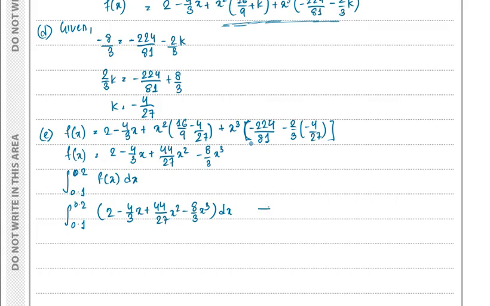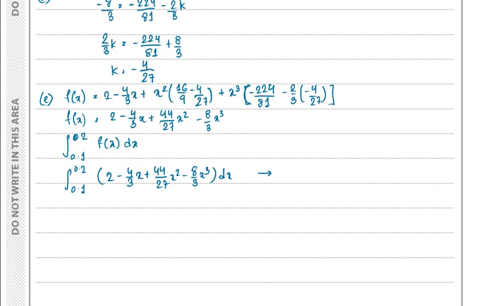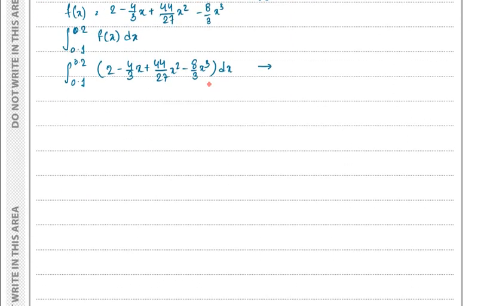So the general format for integration is this. When I have a x to the n by b, and it's in terms of x, so this would be dx. So a and b would remain the same. x to the power n would become x to the power n plus 1, and that n plus 1 will get multiplied in the denominator. So the same thing will happen here. 2 is actually 2x to the power 0, so this would be 2x.